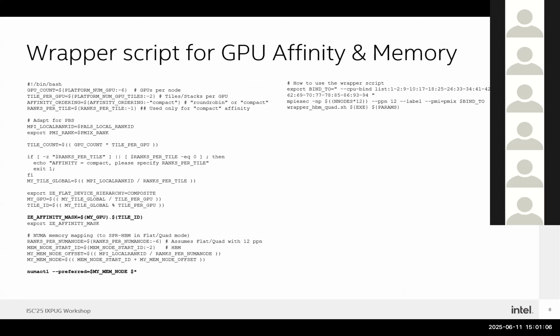So 12 processes per node, 24 ranks total. And on each of these 2 nodes, the local rank ID will be 0 to 11. Then you use the local rank ID to calculate all this, and map to the right memory and PVC tile. If you run 24 ranks per node, then the total number of ranks will be 48, and the ranks per node would be 24.